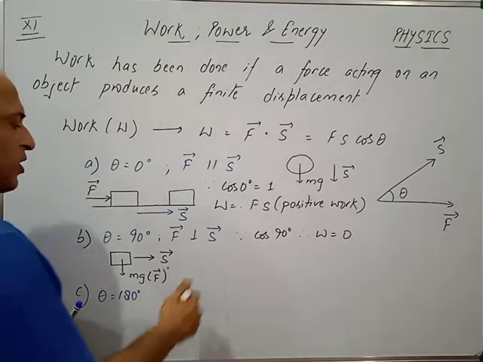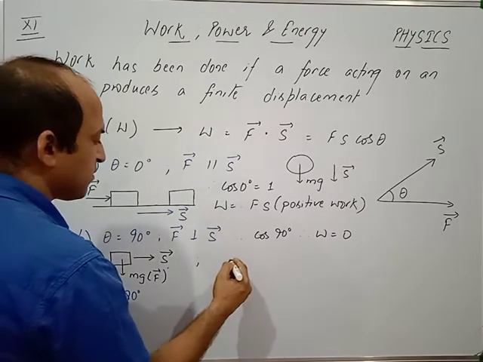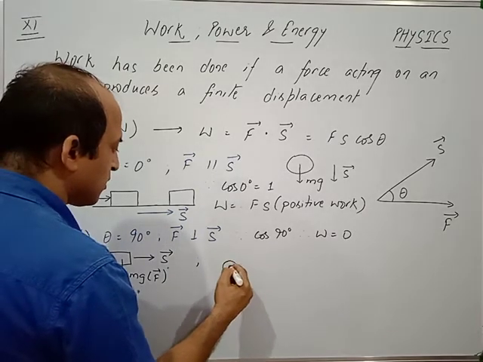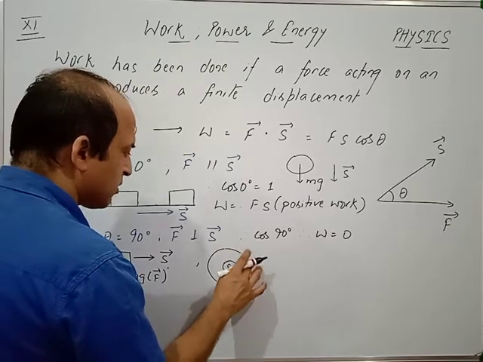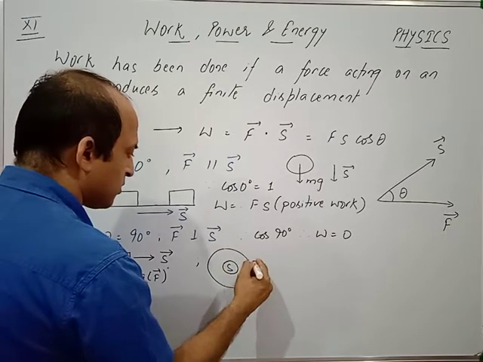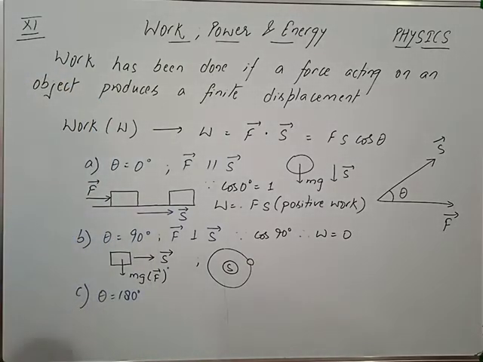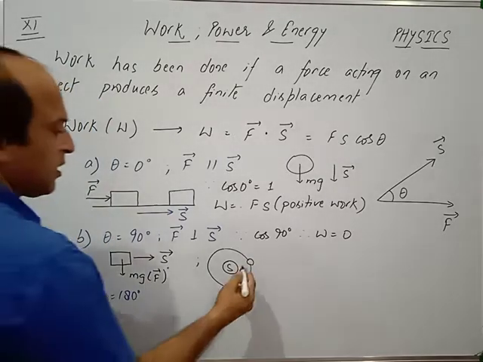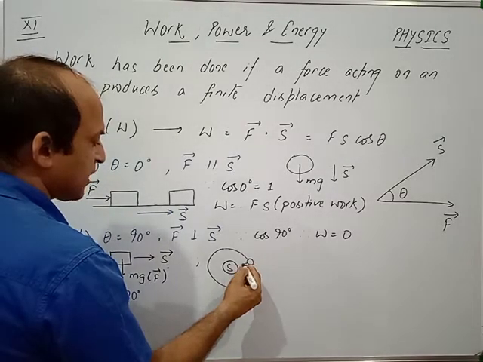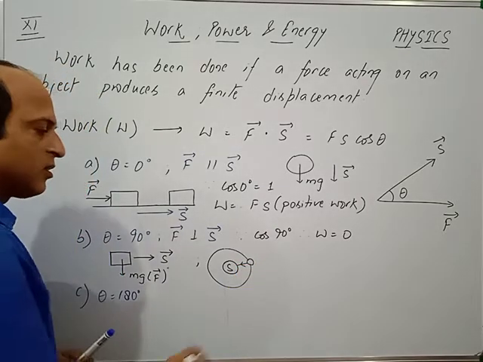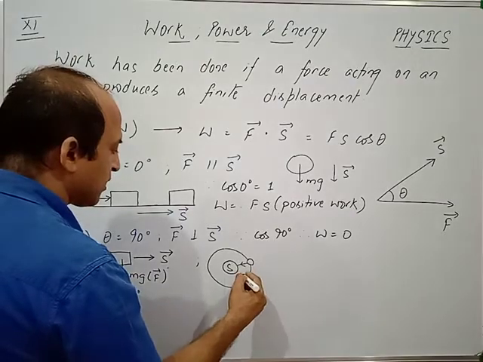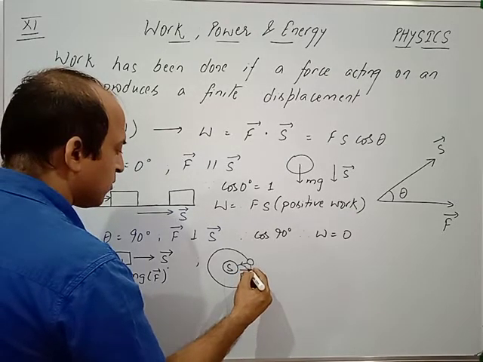Class, we can consider one more example. Suppose we have a sun, then there is a circular orbit in which there is a planet which is going around the sun. You know, there is a gravitational force of attraction between the sun and the planet, and this force is acting in the radially inward direction.